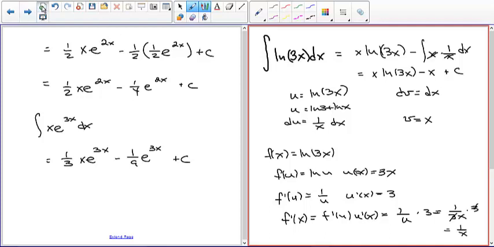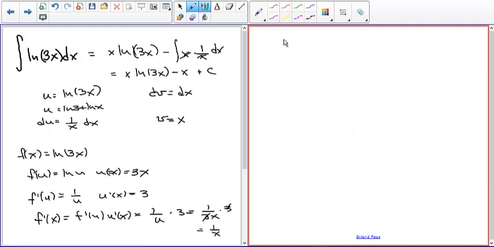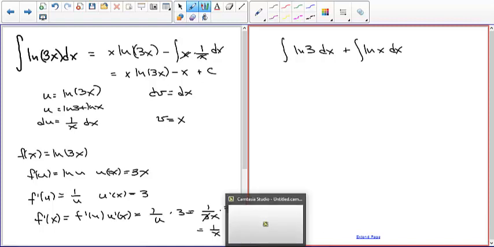What I was thinking about was, I wondered what would happen if you used the properties of logarithms initially and said you have the integral of the natural log of 3 dx plus the integral of the natural log of x dx. So I break it up initially by saying that the natural log of 3x is the natural log of 3 plus the natural log of x.